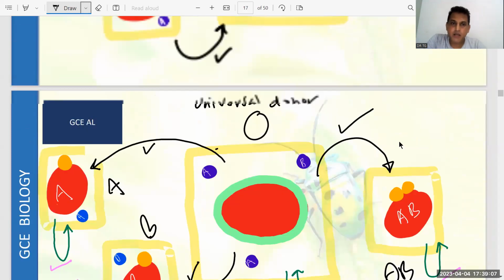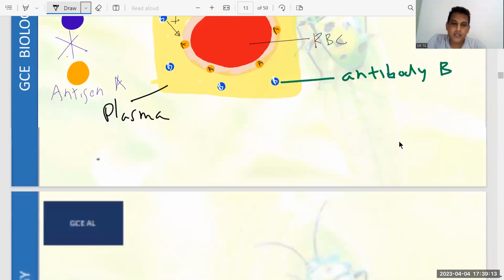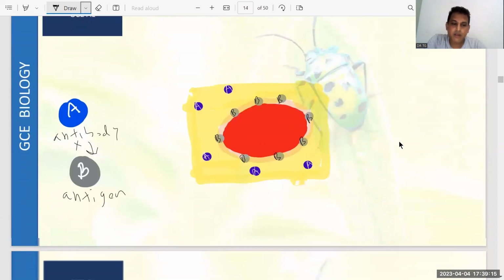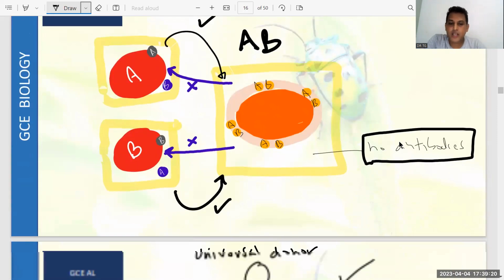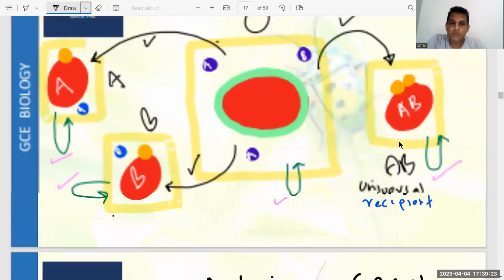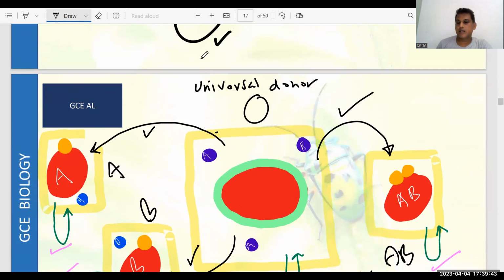When it comes to the plasma, A has B antibodies, B has A antibodies, AB has no antibodies, and O has both antibodies in the plasma, A and B. So this is the end of the blood grouping, and we have to find another type of group called Rhesus blood grouping.